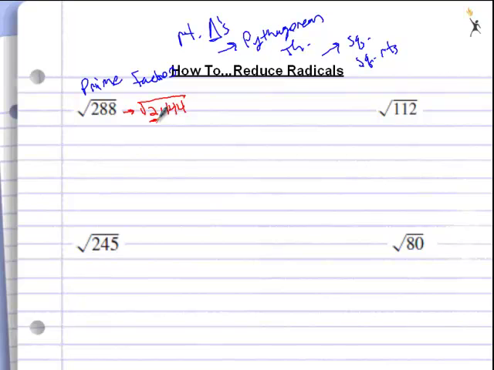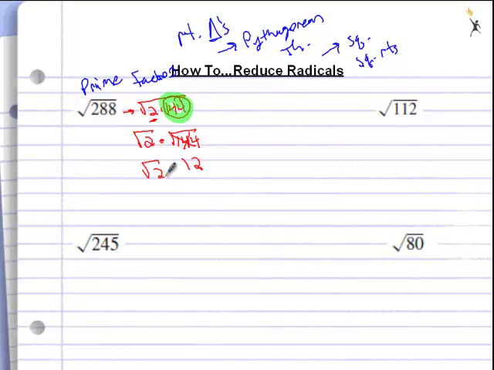And the reason we want to do this, you'll see, is now I have the number 144 under the square root. Well, that's like saying the square root of 2 times the square root of 144. And now this is where your math skills have to be pretty good. You have to be able to say to yourself, what is the square root of 144? And I'm hoping you're saying to yourself, it's 12.